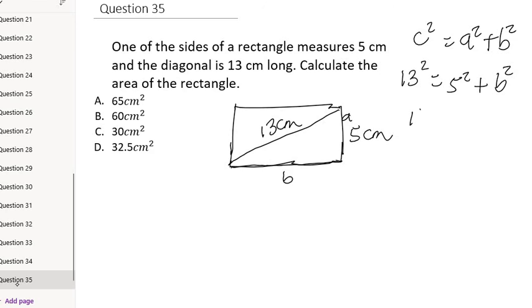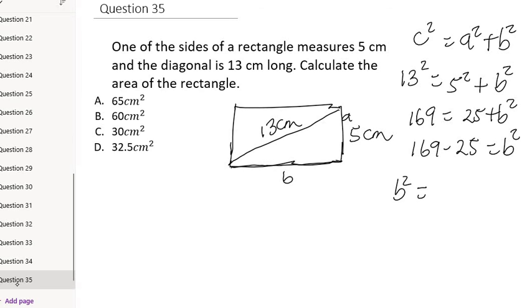13 squared is 169, equals 5 squared, 25, plus b squared. Collect like terms, move 25 here. You have 169 minus 25 equals b squared. So b squared is 144. To get b, which is the base of the rectangle, I'll take the square root of both sides.